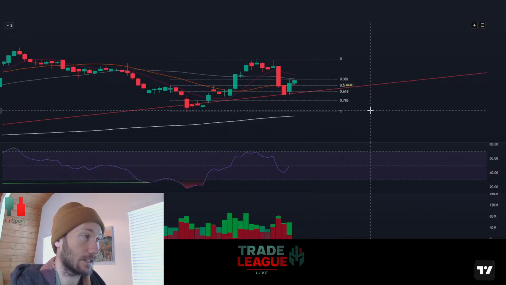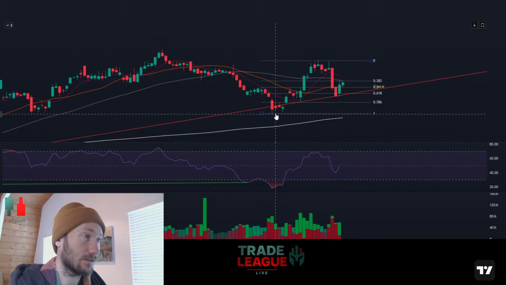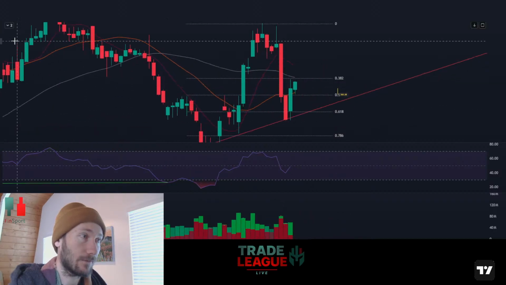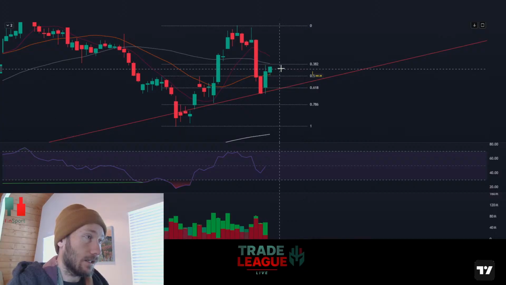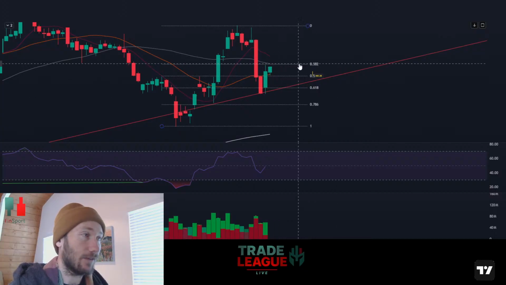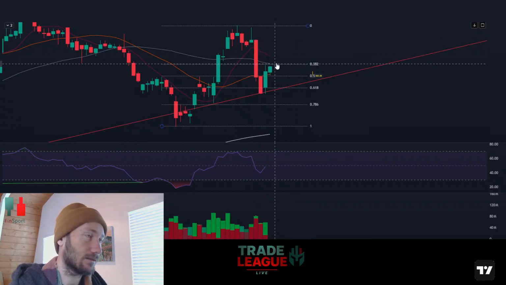So if it gets rejected here, then who knows? Maybe you get a full gap close to retest this 200. What's it at right now? It's at 265, but the 50 on the daily moving average is at 266 and then 269.